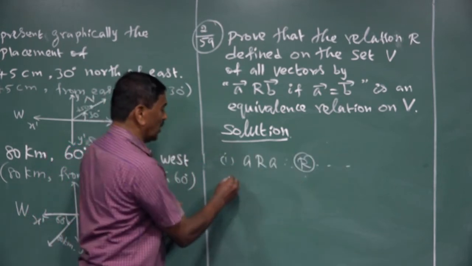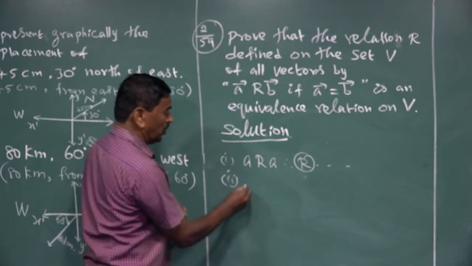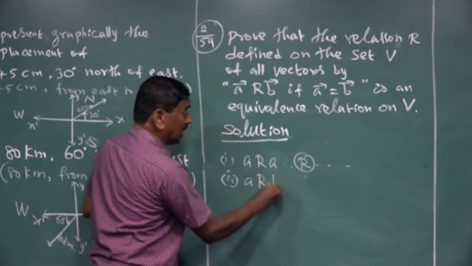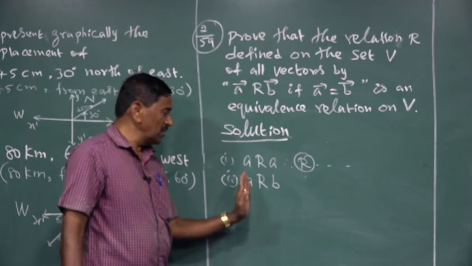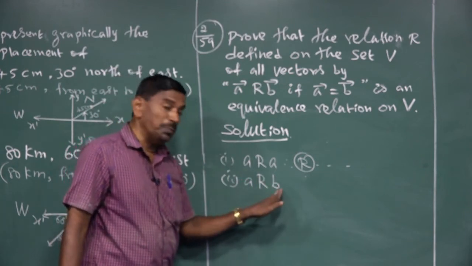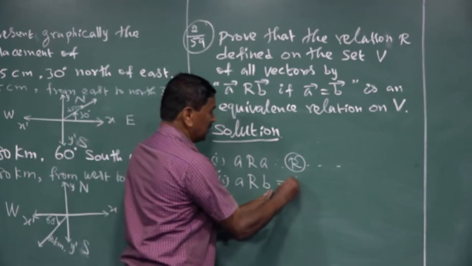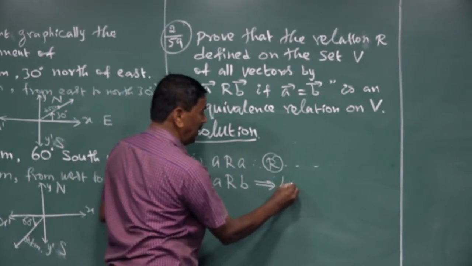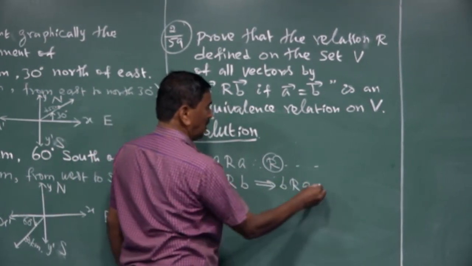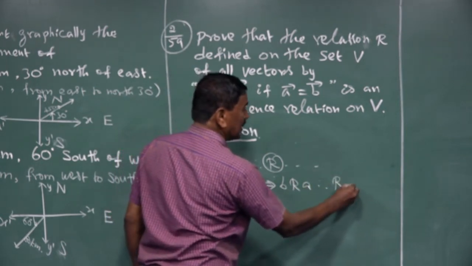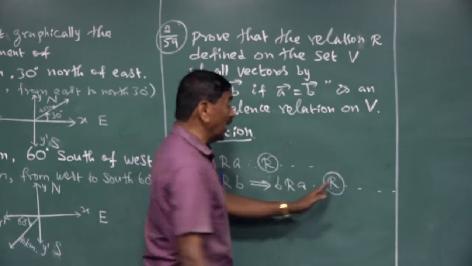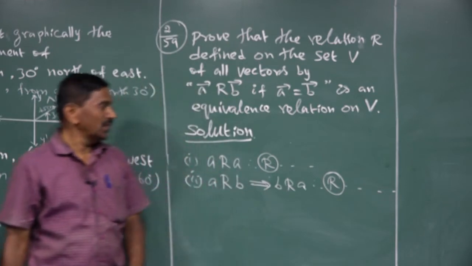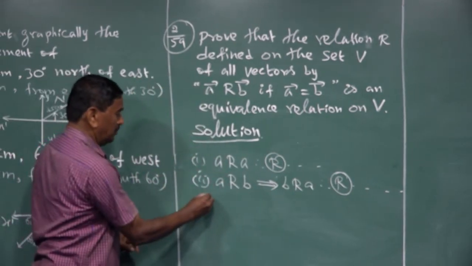Come to the second one: suppose A is related to B, which implies B is related to A. Therefore, the relation R is symmetric.